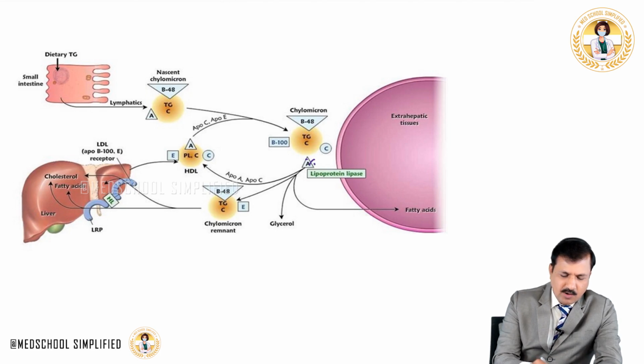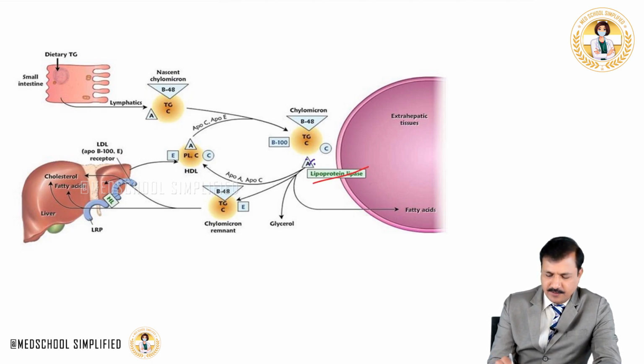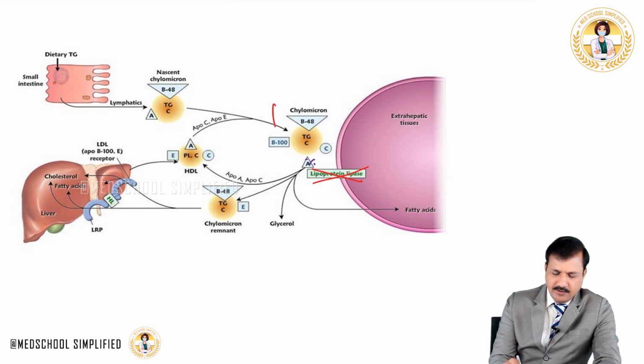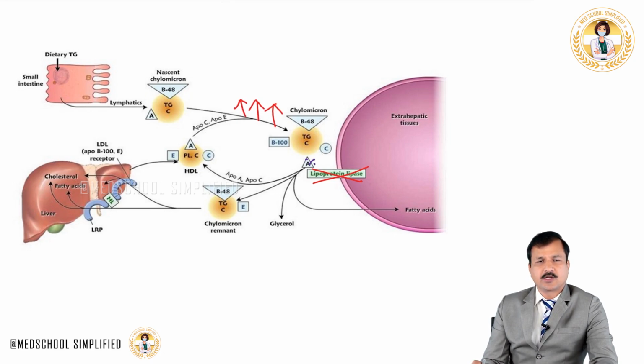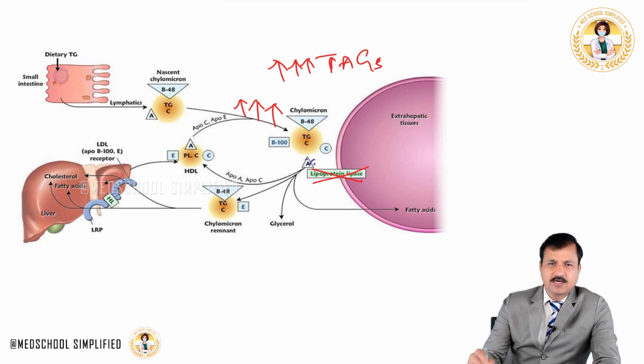One is, what if there is a mutation in the gene coding for the lipoprotein lipase enzyme? What if lipoprotein lipase is not working properly? That will lead to elevation of chylomicrons in the circulation. Chylomicron has 90% triacylglycerol, so there will be elevation of TAGs in the circulation.